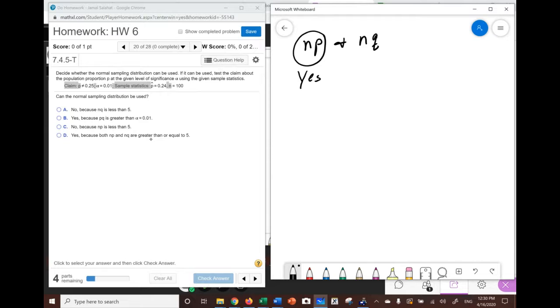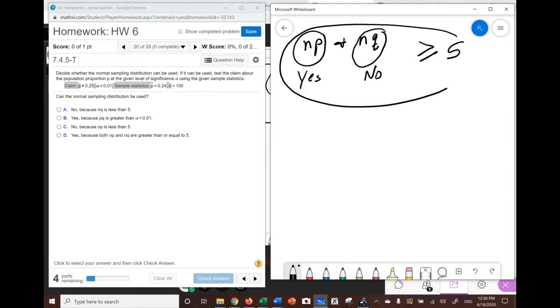So the proportion of the people who say yes times the number of people gives me the number of yeses, and NQ is the number of noes. Now those two numbers, to avoid bias, both have to be greater than or equal to 5. That is the condition in statistics.